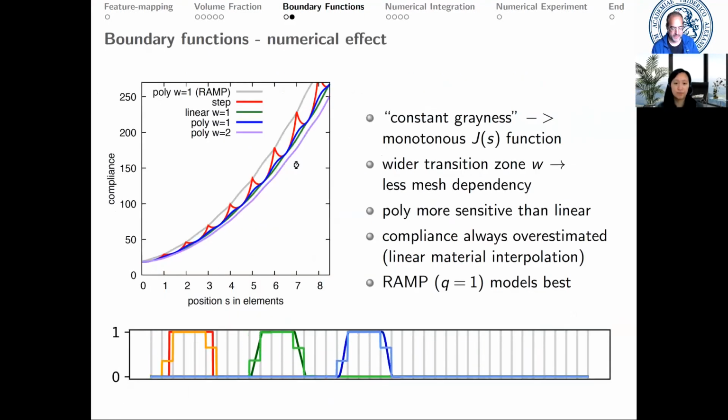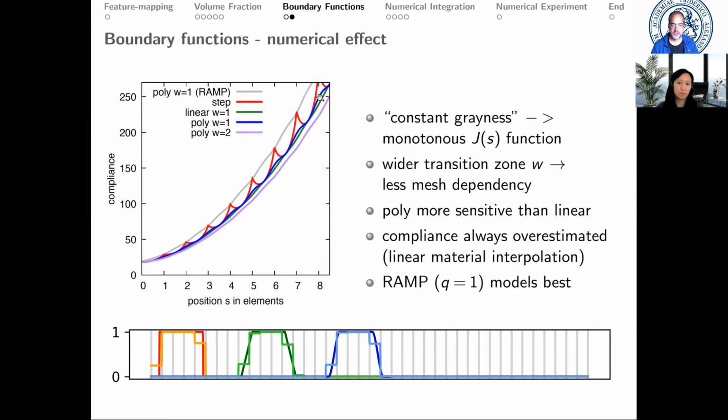When we apply these boundary shape functions to our H benchmark, we see again with the red curve the step function we had before and the density values for it. We see that for the linear case, the green one, we are nicely smooth. So we have not much mesh dependency anymore.